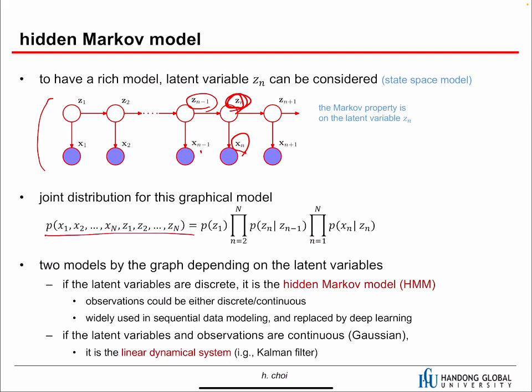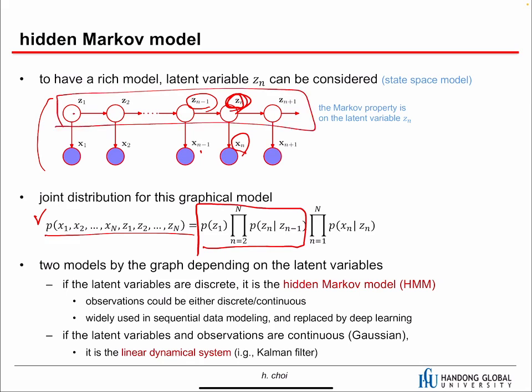We can represent this graphical model with a joint probability like this. As we did in the mixture of Gaussians model, when we have observations and a latent variable, then including this latent variable we can have a complete likelihood as a joint probability. The Markov property is on this latent variable, so we have the probability of the sequence of latent variables from z1 to zn.